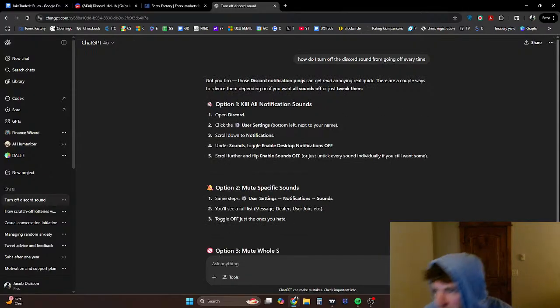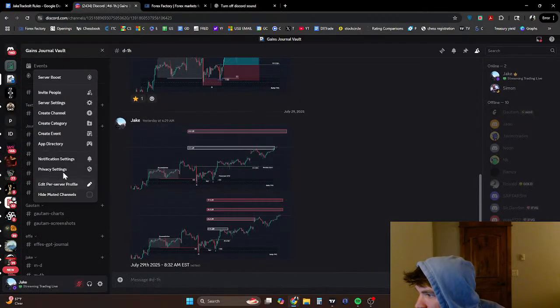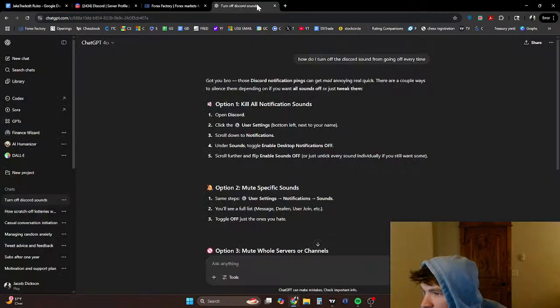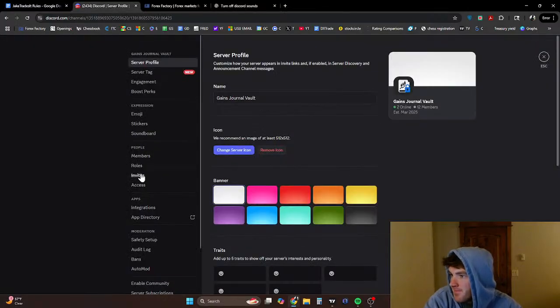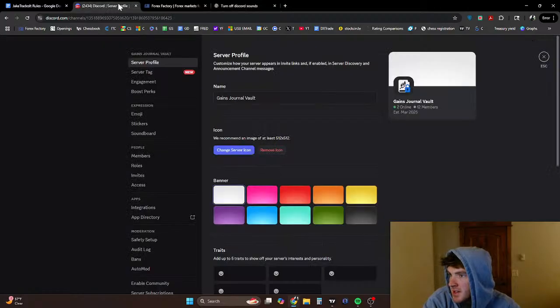User settings, scroll down, notifications. It's funny, ChatGPT said mad. So it says scroll down the notifications under sounds, toggle enable desktop notifications off. Wait, it's user settings, bottom left next to your name.